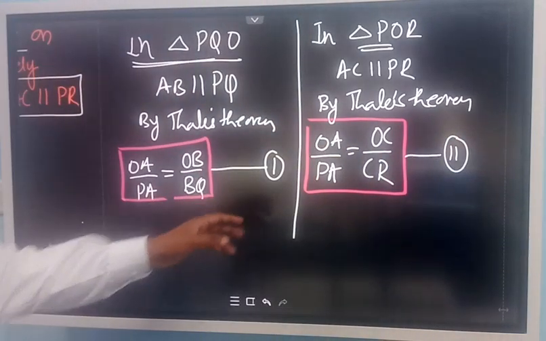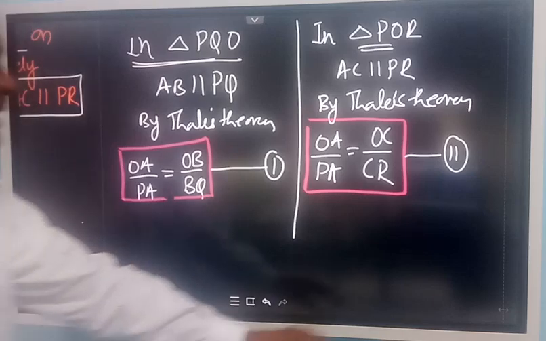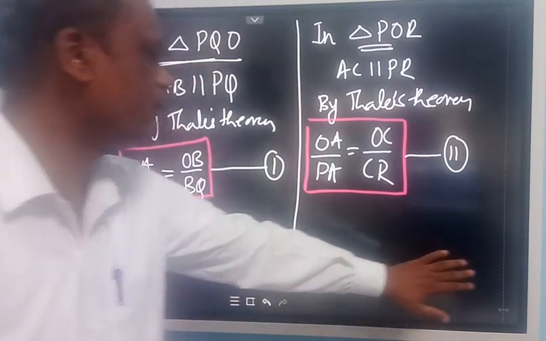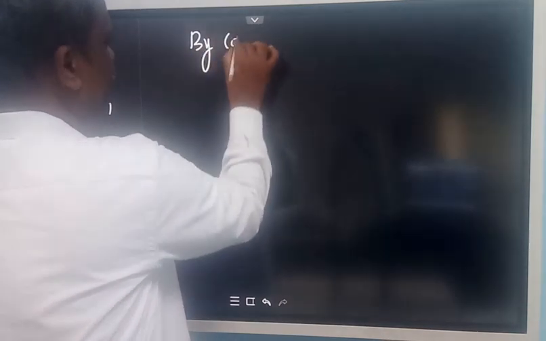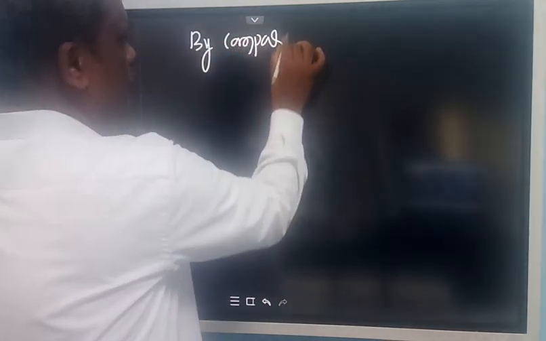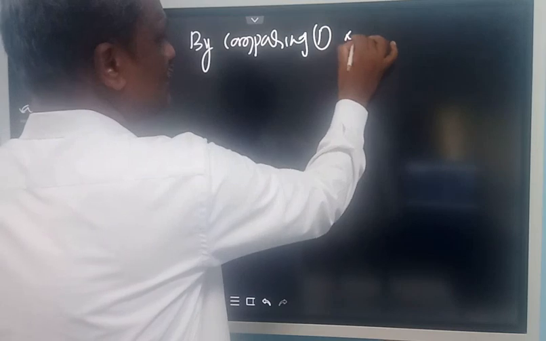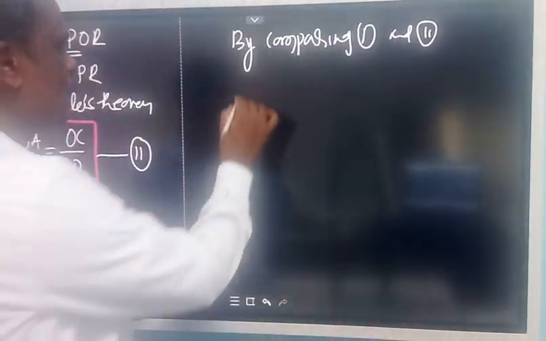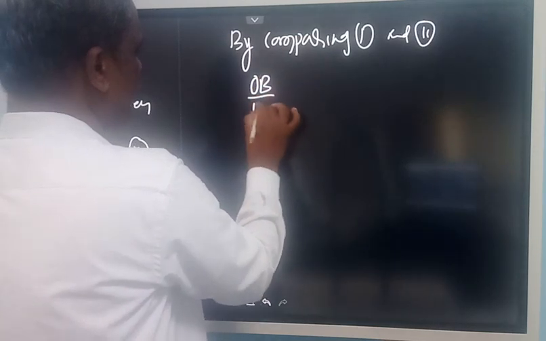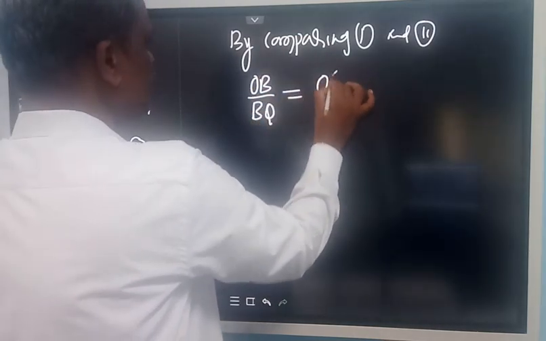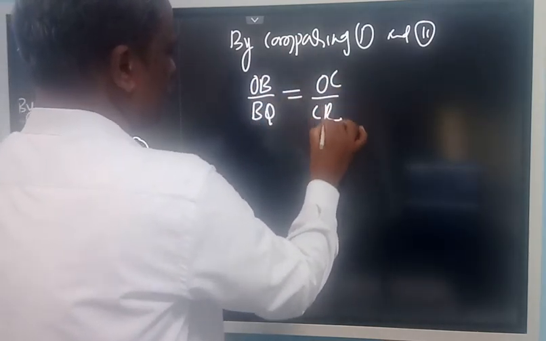Now look at these two equations. Both the left hand sides are equal, OA by PA, OA by PA. So by comparing equations 1 and 2, the right hand sides are also equal: OB by BQ will be equal to OC by CR.